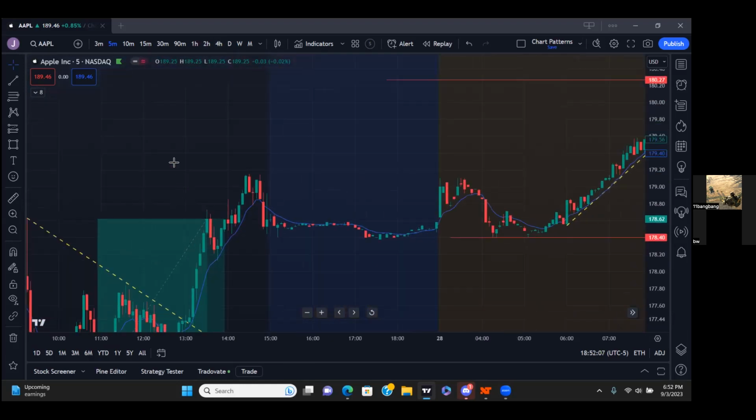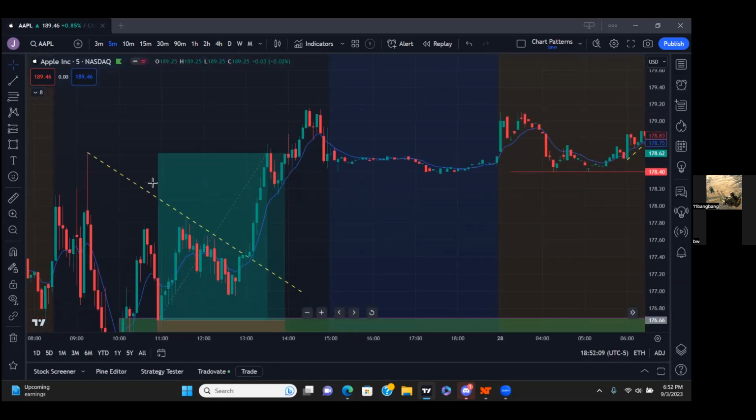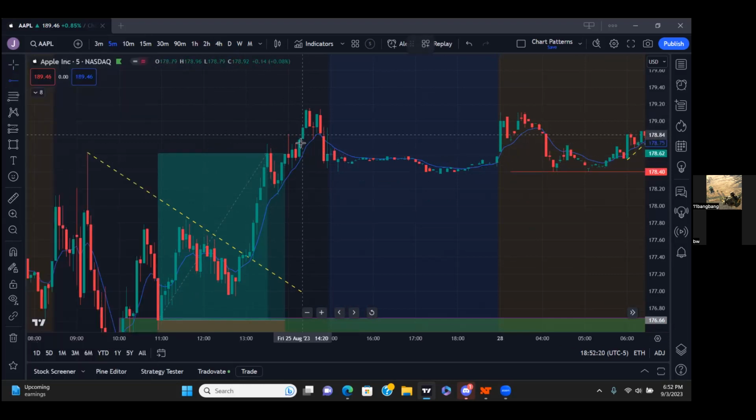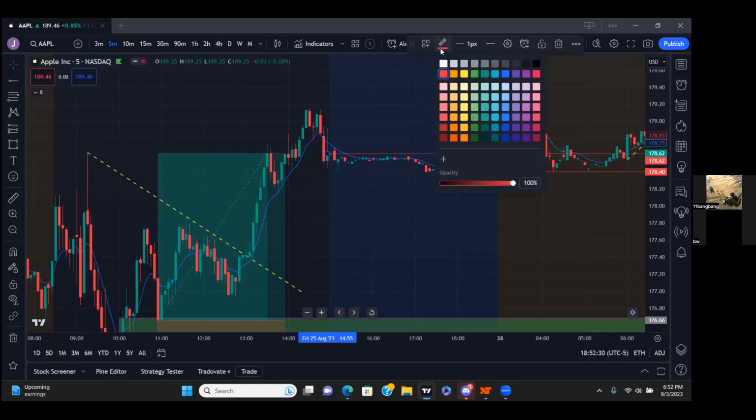So where did we close? What was the closing price? You want to draw a line where the last candle closed. Horizontal ray. Where do we close? Right there? Okay. Make it gray, just like you did with all your other gap fills.